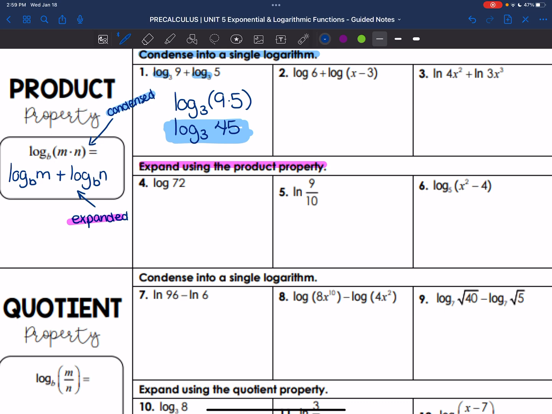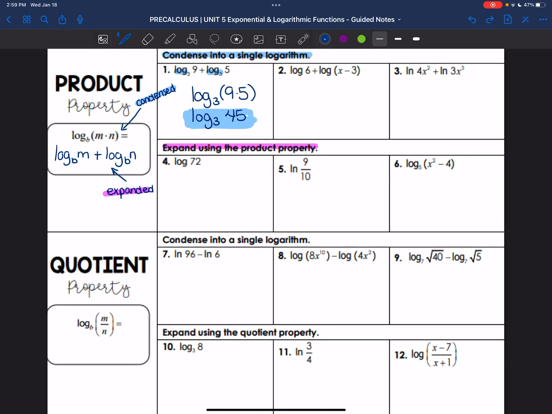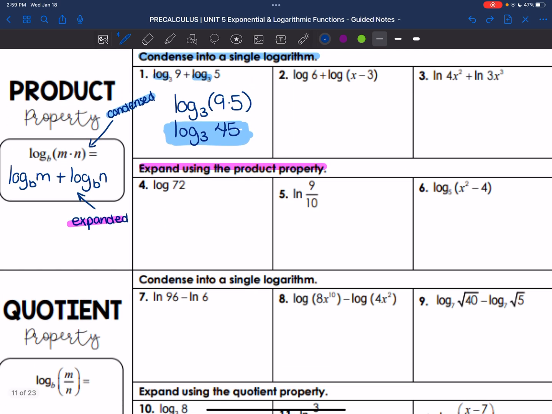All right, let's look at example number 2. We have log of 6 plus log of the expression x minus 3. These are an understood log base 10, but we do not need to write in that base 10, it is understood. But because they are the same, we can go ahead and condense.